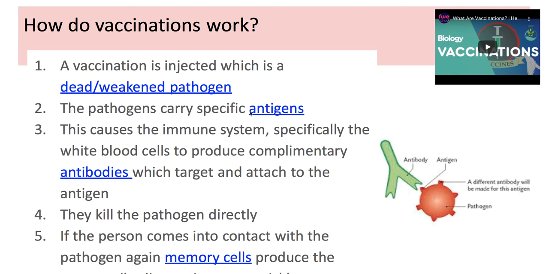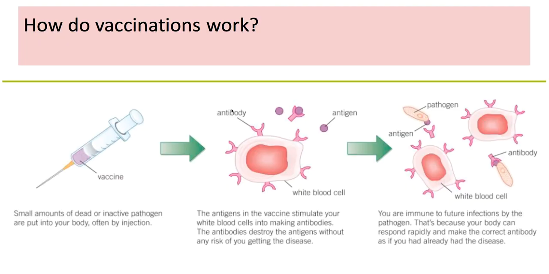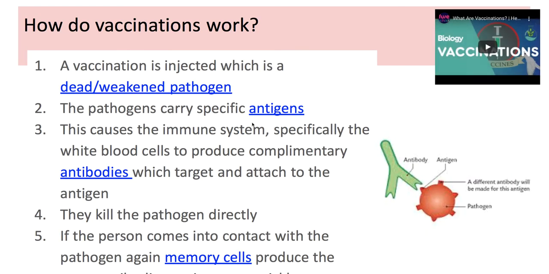And pathogens have particular antigens. These are proteins on the outside of your pathogen. These antigens cause the immune system, specifically the white blood cells, remember the lymphocytes and phagocytes we talked about, to produce complementary antibodies which target and attach to the antigen. So here's your antigen, here's your antibody, and they will kill the pathogen.